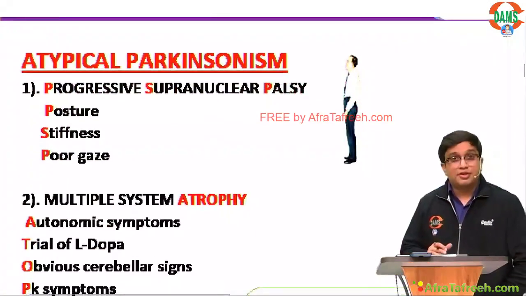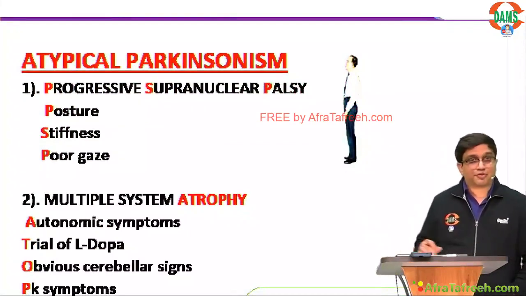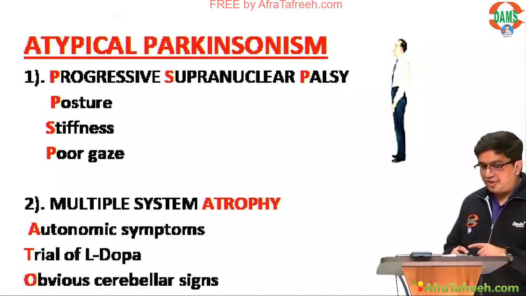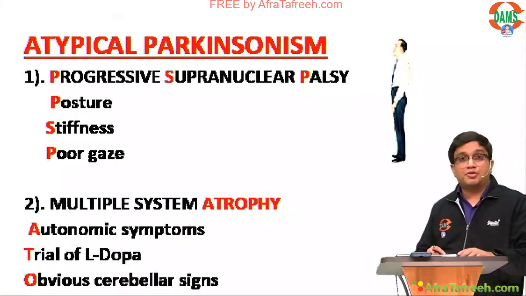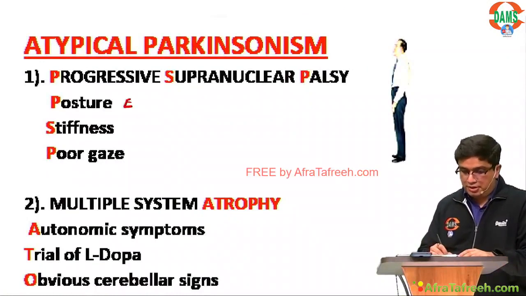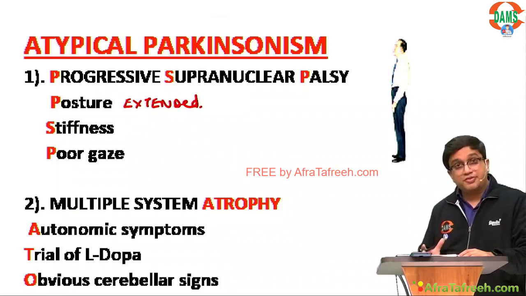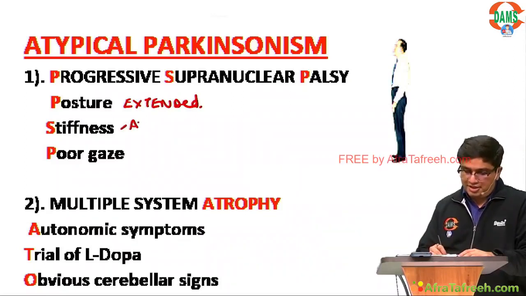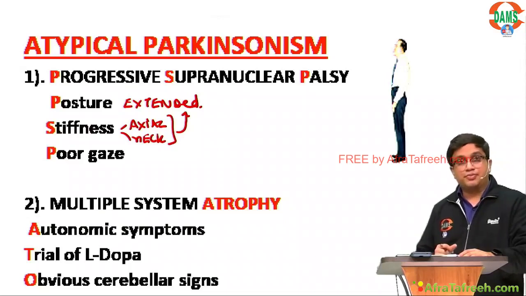Then we have atypical Parkinson, one of the favorite topics of all the examiners recently. In the atypical Parkinson that we have with us, progressive supranuclear palsy, or the PSP, the patient's posture seems to be always extended. They've got stiffness in the body, especially in the axial region and the neck region, which keeps them always standing in an extended posture.